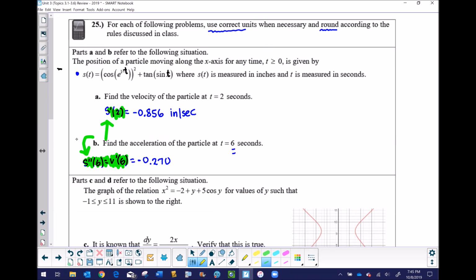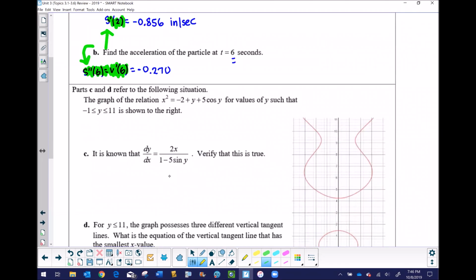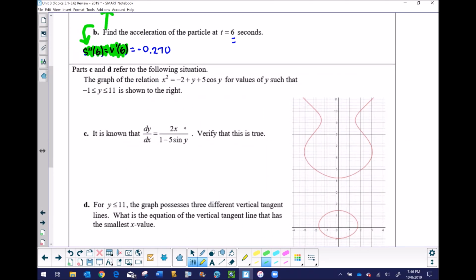So, all right. Now, A and B is where the action is happening. That is where the action is going on here. So what we're going to do in parts C and D is figure out, first of all, if this derivative is true. What we've got here is a graph of a relation, a pretty crazy one at that.